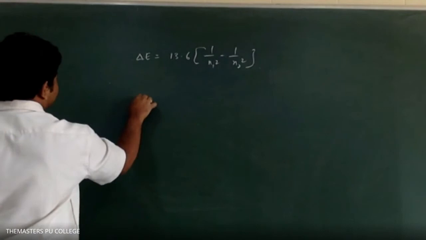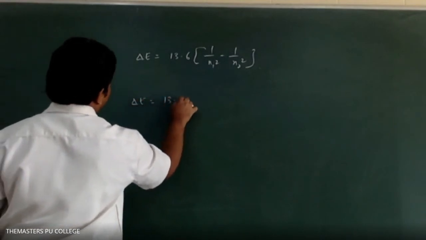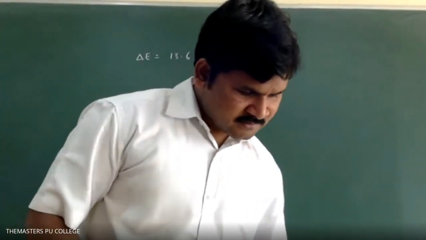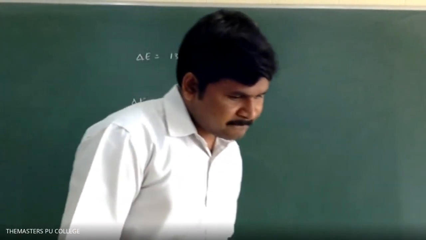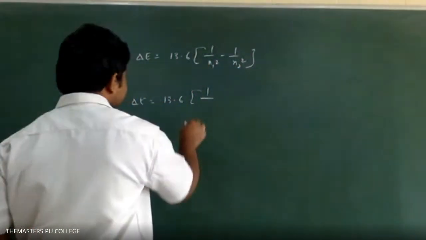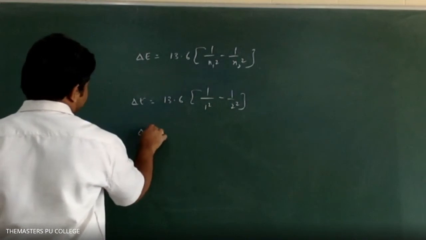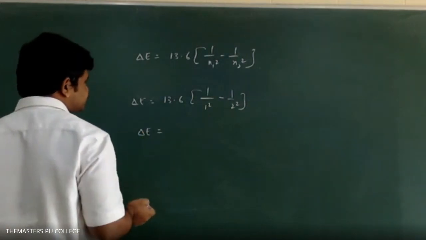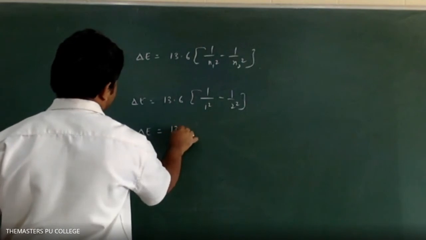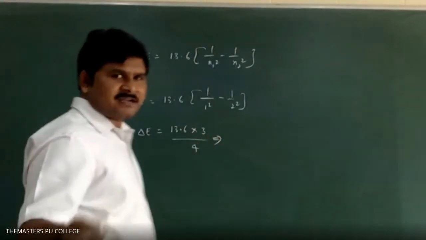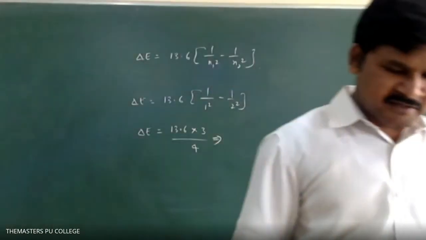Here n1 is 1 and n2 is 2. Delta E is equal to 13.6 into, with LCM, 3 by 4, which is 10.2 electron volts.